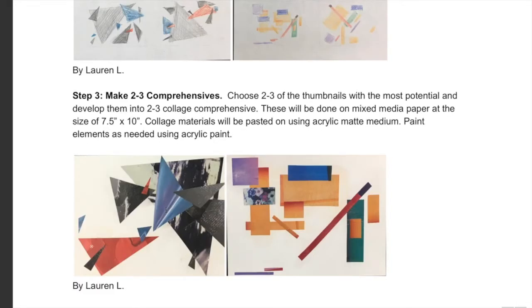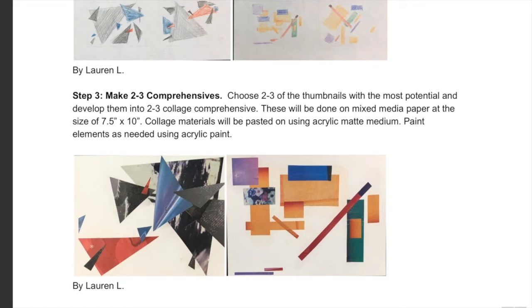Once you've made your thumbnails, you're going to make 2 to 3 comprehensives. Comprehensives will be done at 7.5 inches by 10 inches, using the collage materials. So these are full-scale collages. They're going to be glued on, and any painted elements that you want to include will be included in these comprehensives.